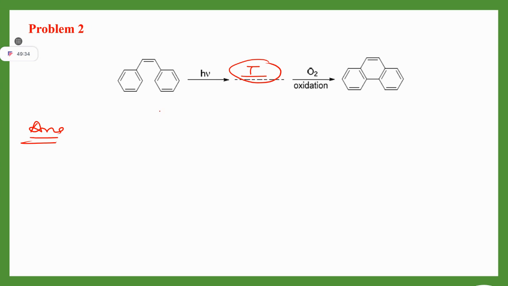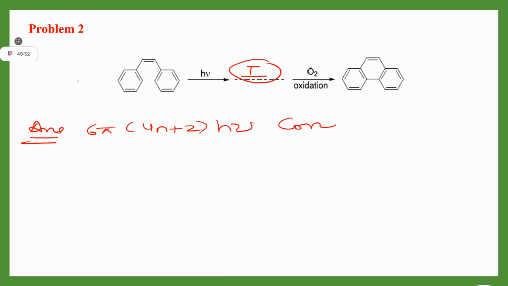First of all, you should know that the only possible electrons are these 1, 2, 3. It means 6 pi electron, 4n plus 2 system. 4n plus 2 system under hv condition undergoes conrotation.